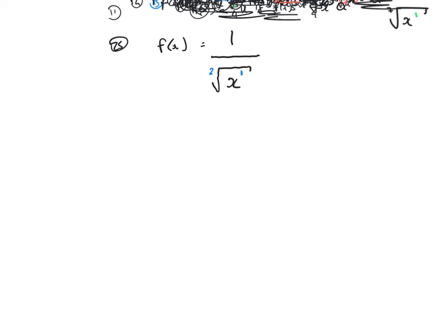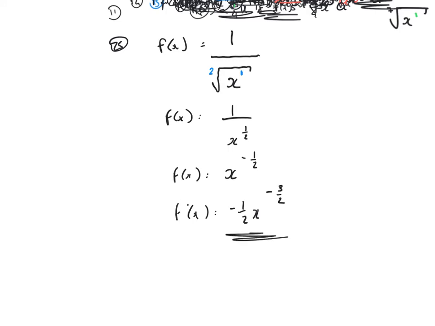So let's get rid of the root, and that's going to be 1 over x to the 1/2. Then I'm going to bring the thing up, change its sign, that's x to the minus 1/2. Now I'm going to differentiate, bring the power down and multiply, take 1 away from the power. So it's minus 1/2 take away 1, that's minus 1/2 take away 2/2, so that's minus 3/2. Minus 1/2 x to the minus 3/2, final answer.